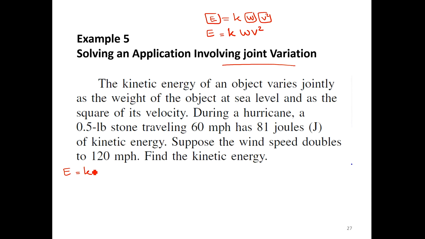For energy we have 81, weight 0.5, velocity 60 squared. So K equals what? 81 over 0.5 multiplied by 60 squared.